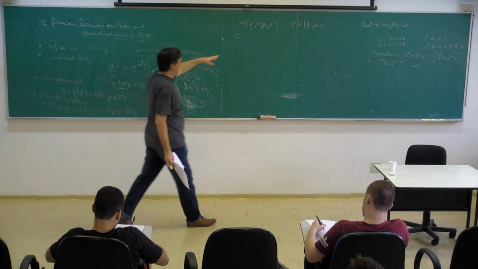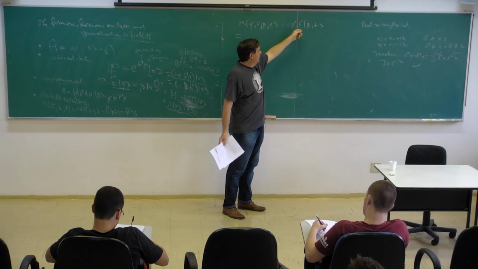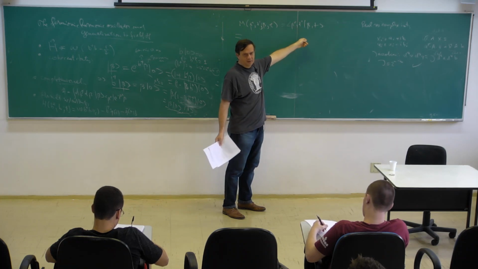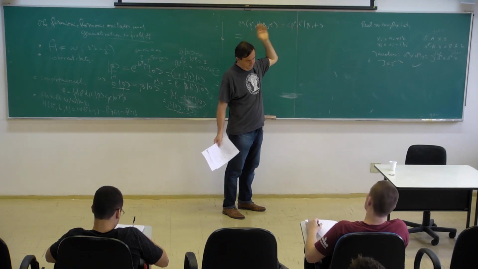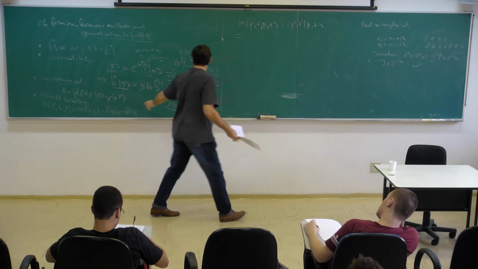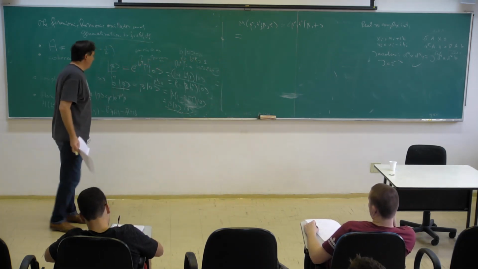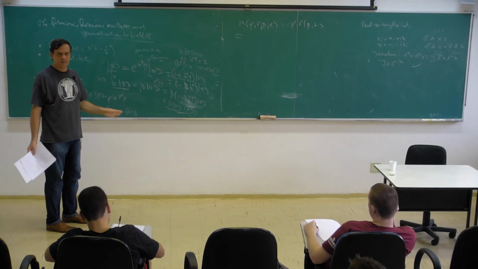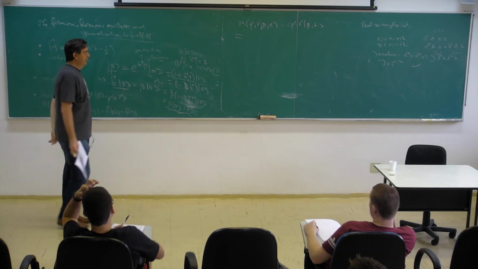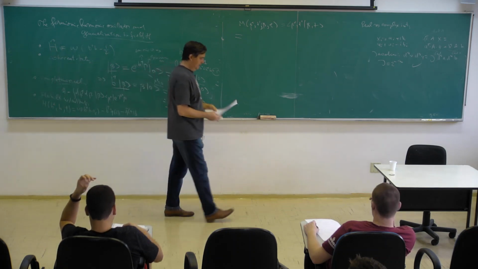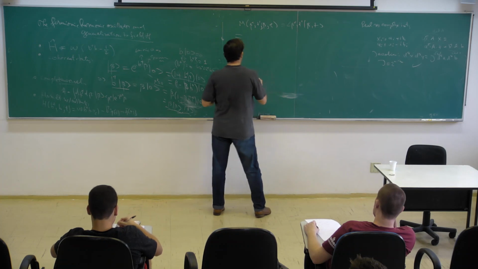So I write this with time evolution with Hamiltonians, and then I divide it in an infinite number of steps, and I insert between each step the completeness relation and write it as a path integral. It's exactly the same thing that we did in the bosonic case. Nothing changes.